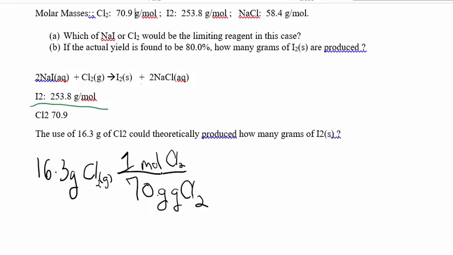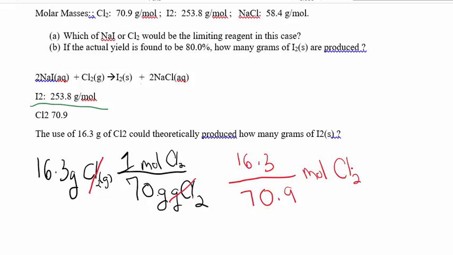It's right here. All right, so now different color. I'm going to use red. These cancel, so we get rid of the grams, and I just now have to multiply across. So I get 16.3 divided by 70.9, and I get moles Cl2.